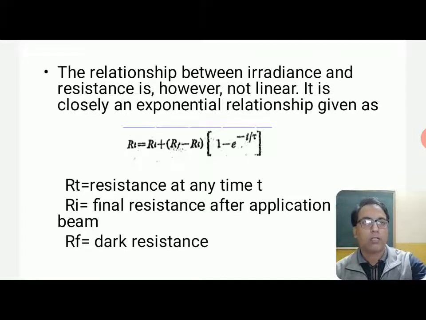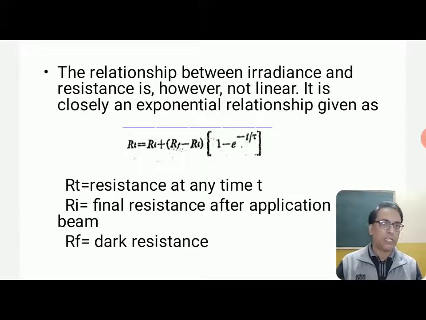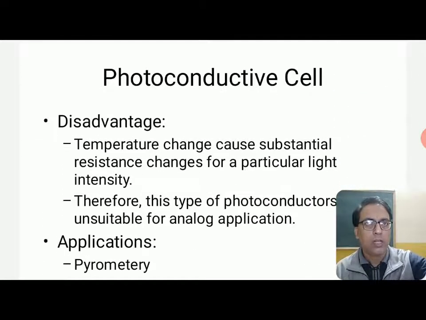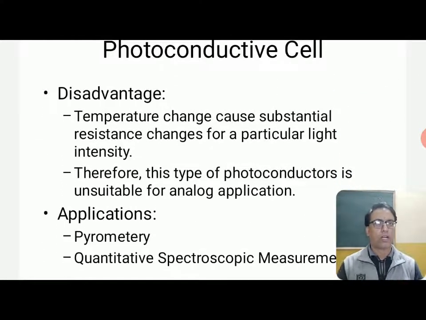And tau is the time constant of the material used in forming the photoconductive cell. This is the relationship of resistance with the irradiance. As there is an exponential component, we can say that it is a totally non-linear relationship.